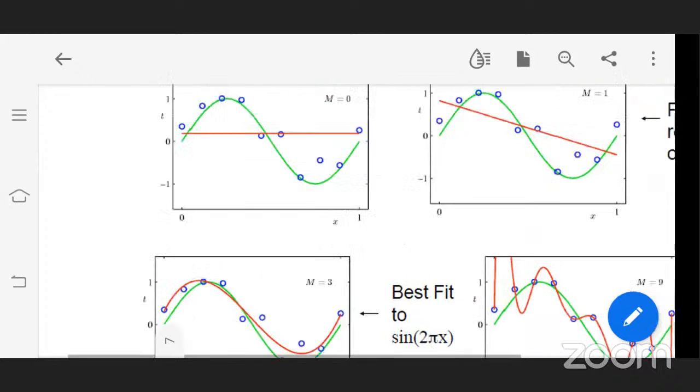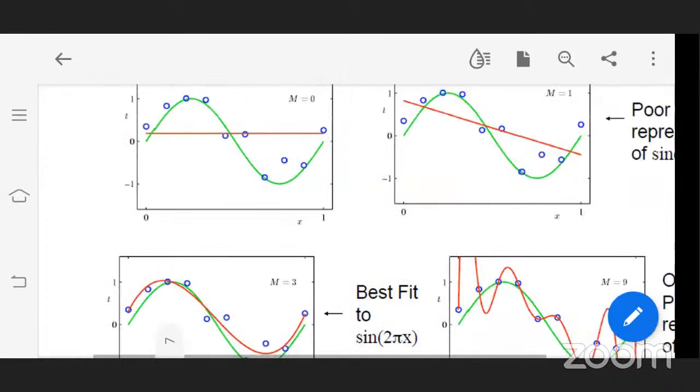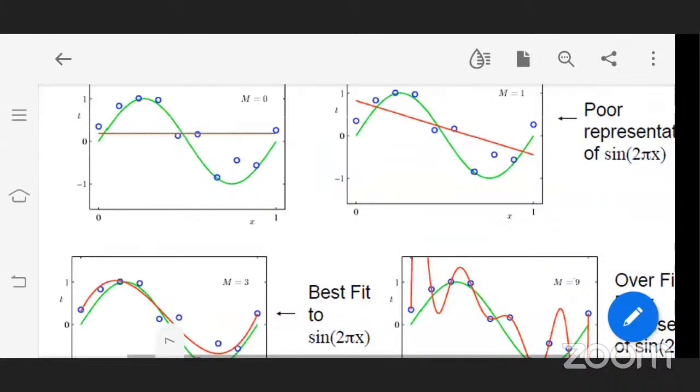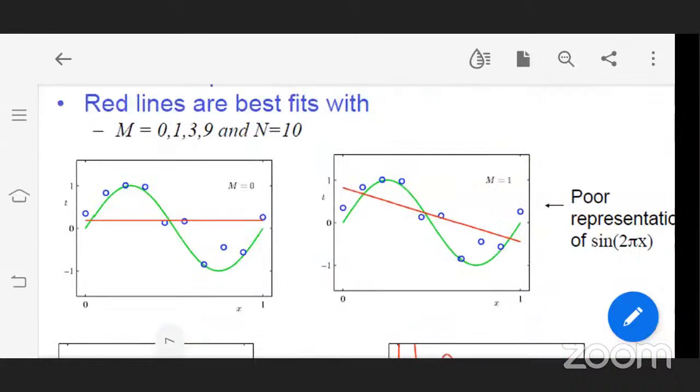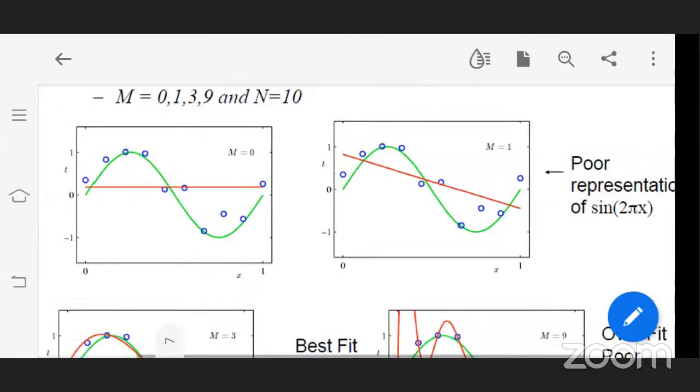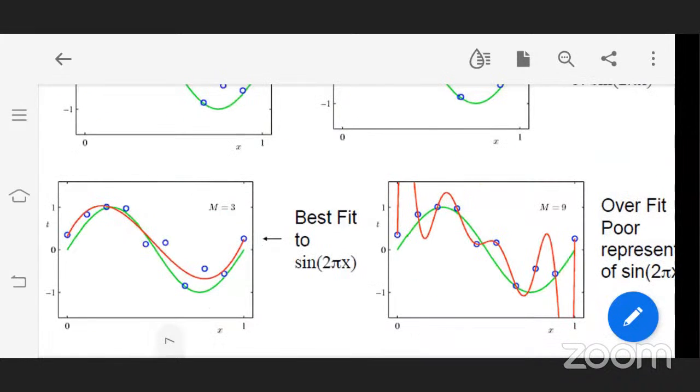M equal to 1 and M equal to 0 don't satisfy that because they don't approximate it well. And M equal to 9 is some complex curve very far away from the sine curve. Is it clear to everyone?